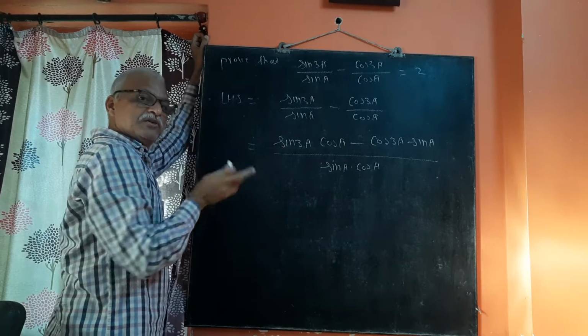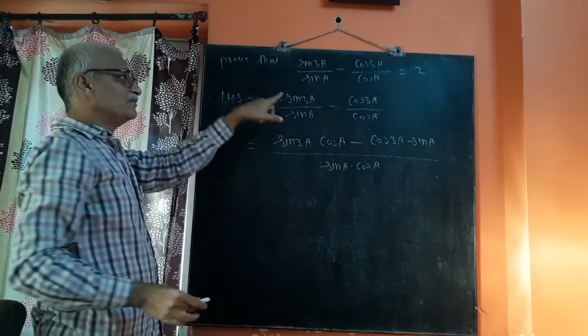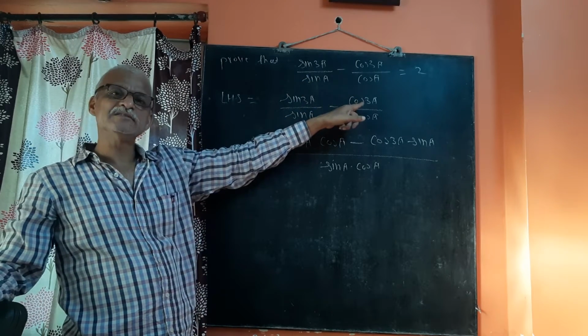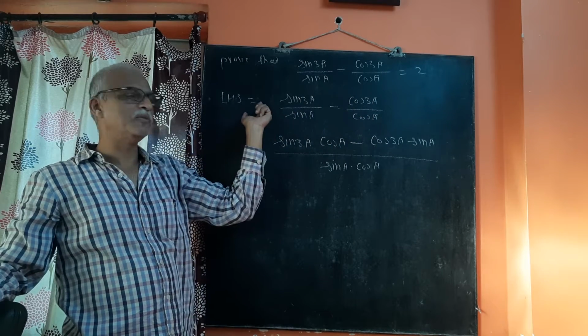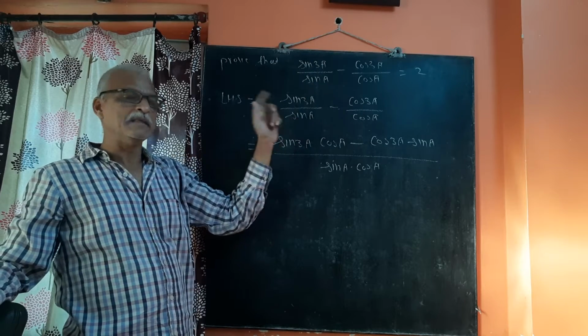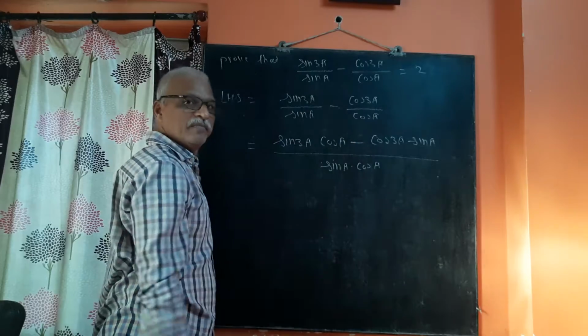I repeat again, you may solve this problem by substituting the value of sin 3a as 3 sin a minus 4 sin cube a, cos 3a as 4 cos cube a minus 3 cos a, and then taking 3 common, cancelling the terms, factorizing it, and so on. Instead of that, I prefer the method of cross multiplication.